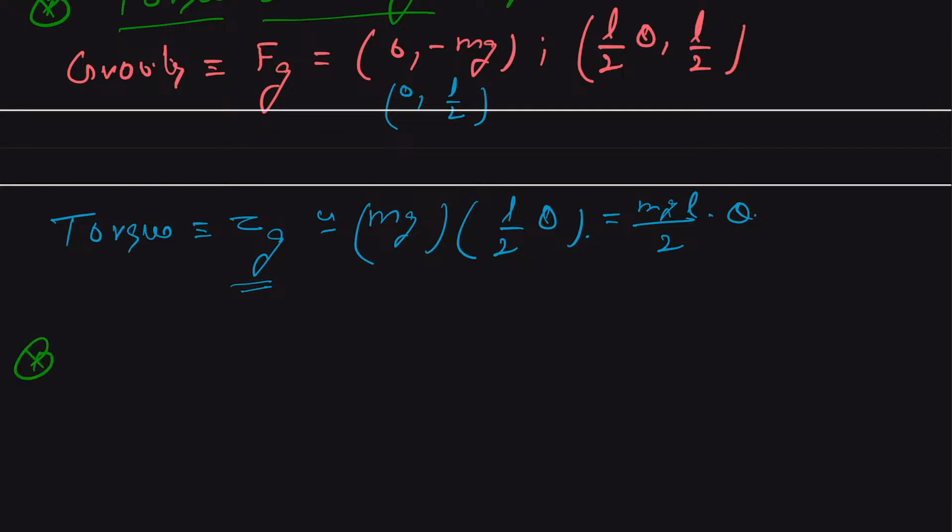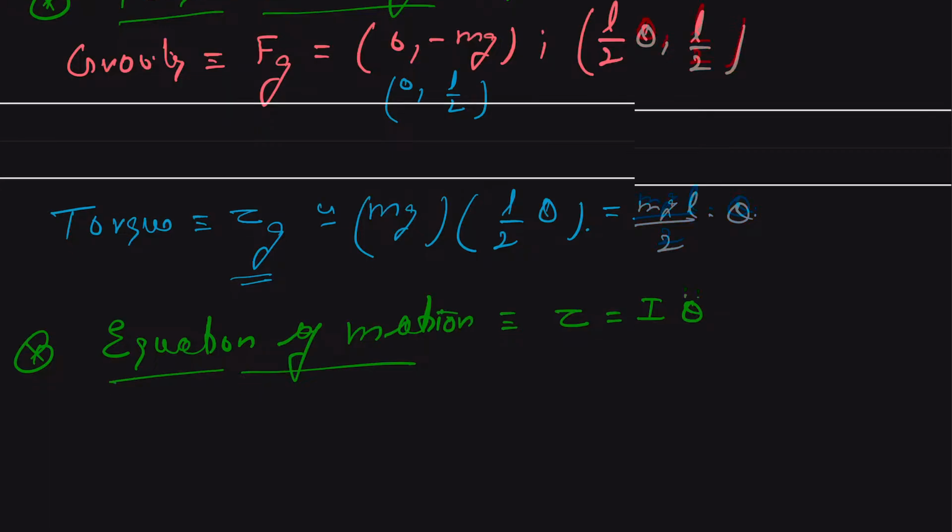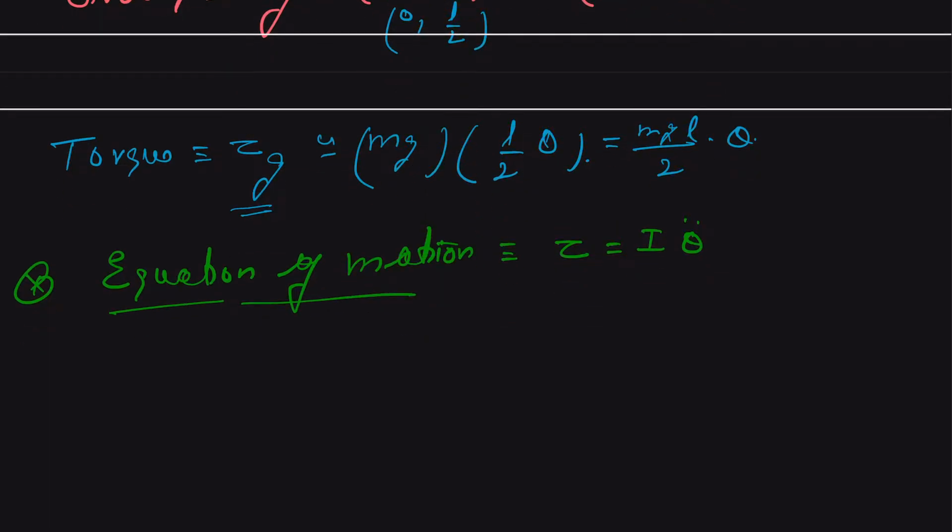We can also explain it with respect to our equation of motion. For the equation of motion, we know that our total torque, if it is represented as tau, then this tau will be equal to I times the double derivative of theta. So let's find out this tau, that is the total torque.